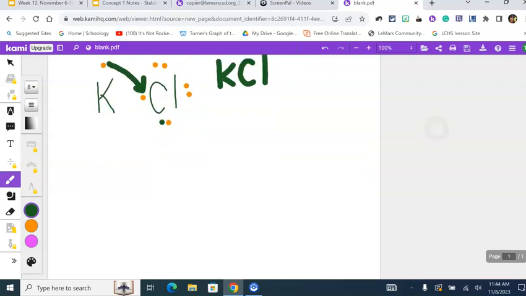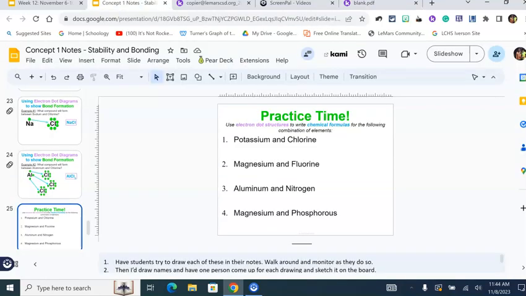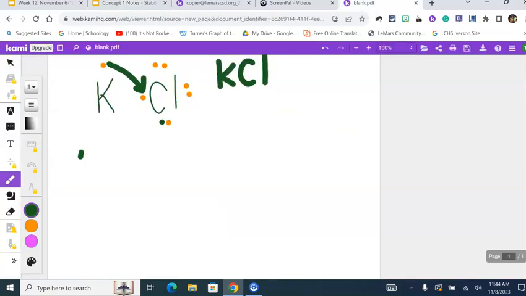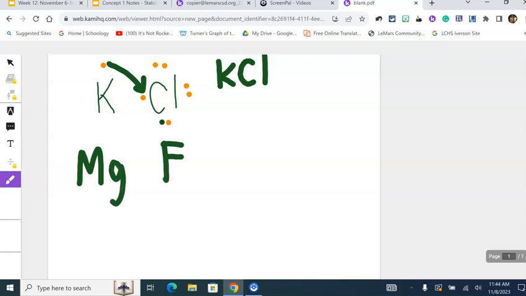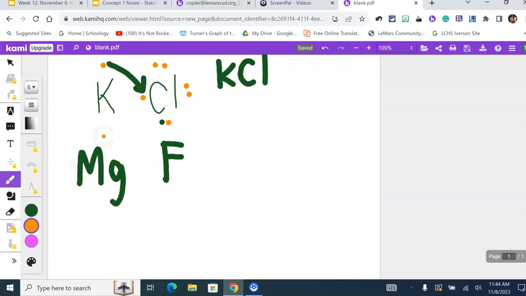What about the second one? Magnesium and fluorine. Symbol is MgF. Magnesium has how many valence electrons? 2. Fluorine has how many valence electrons? 7. So I can give one of magnesium's over here, but what's my problem?